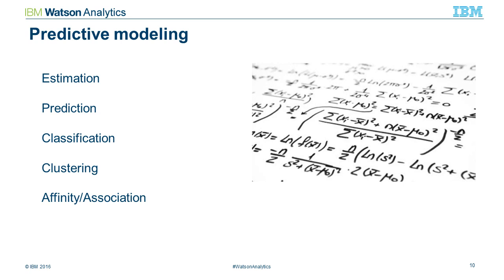So let's take the case of estimation and prediction together. The statistical tools we could use here might be linear regression or logistic regression. And these would give us, for instance, predictions of what a customer's lifetime value to the company might be.